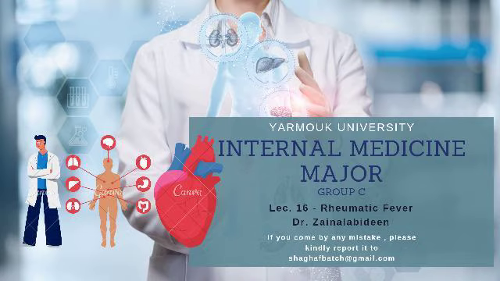The clinical feature of rheumatic fever is a multi-system disorder. I said heart, joints, skin, central nervous system. So multi-system, usually following acute streptococcal pharyngitis within 2 to 3 weeks. Why 2 to 3 weeks?